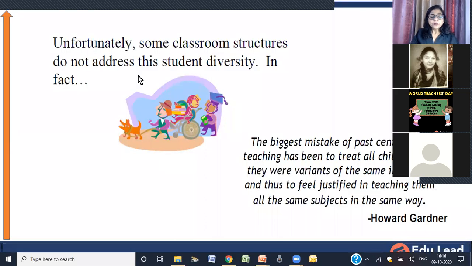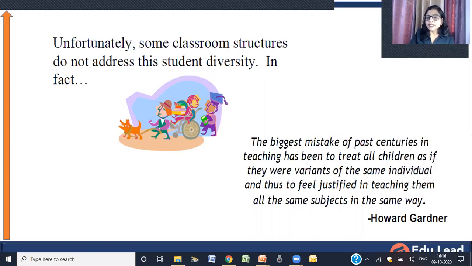Now, the problem is that in some classroom structures, we really do not address this diversity. The biggest mistake of the past centuries in teaching has been to treat all children as if they were variants of the same individual, and thus to feel justified in teaching them all the same subjects in the same manner.